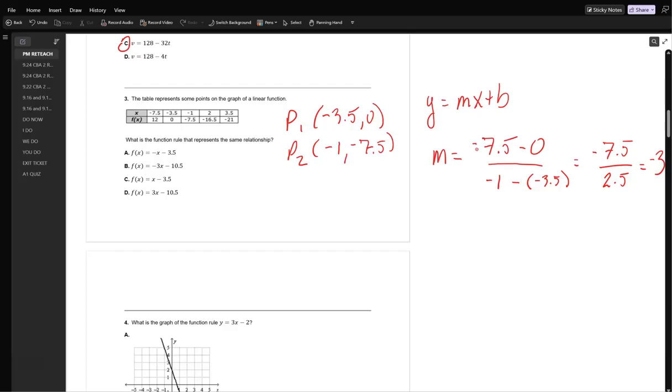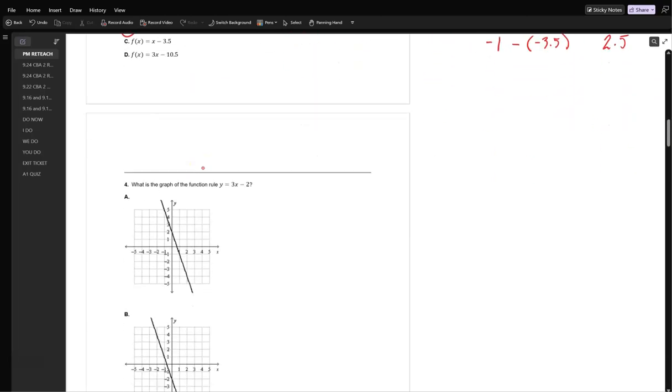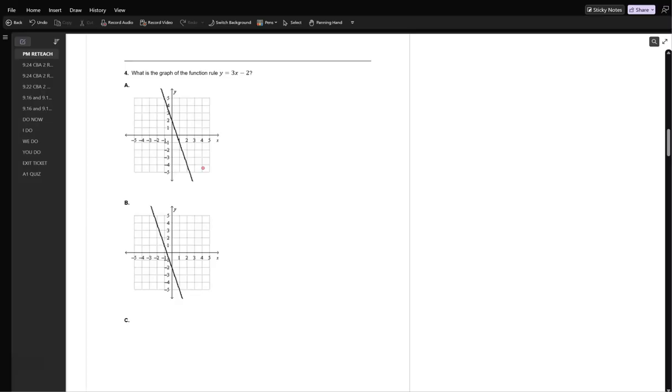So we can pursue this further, but with that alone, we guarantee ourselves that B is going to be the only reasonable choice.